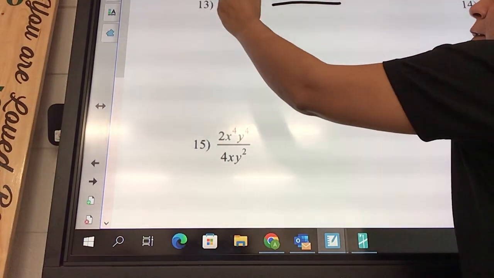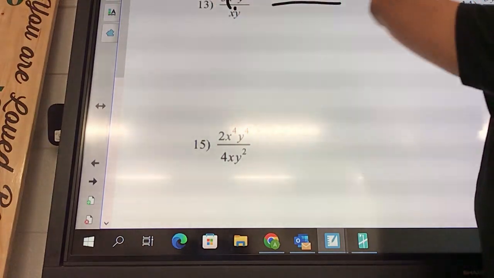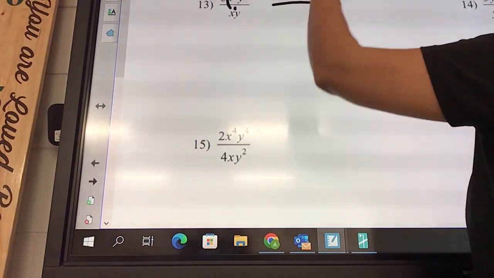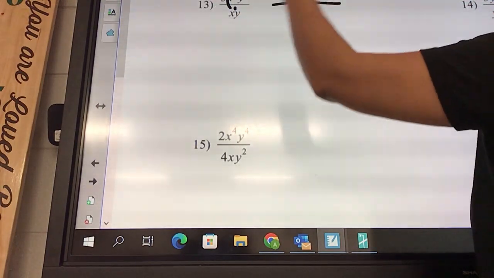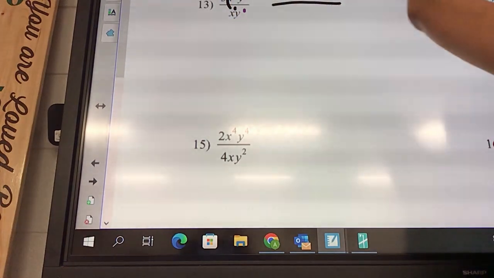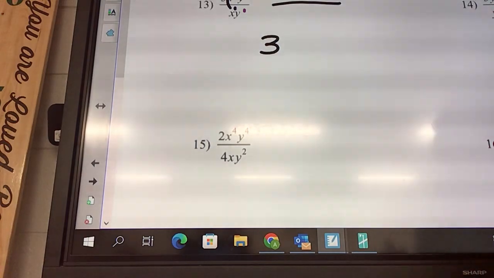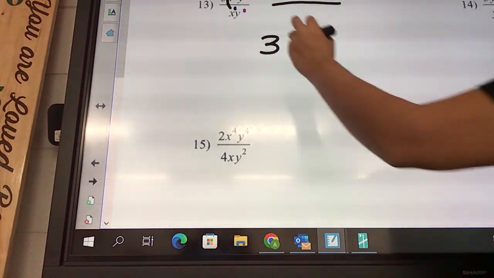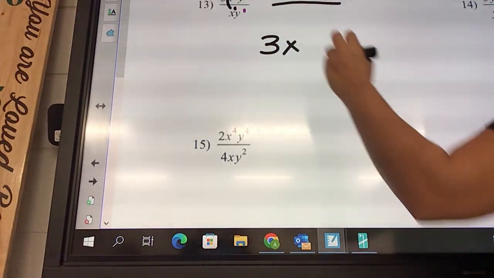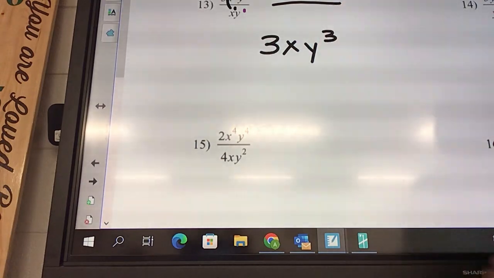That's right here. 2 minus 1. And then we got y to the 4 minus 1. So you're going to get 3. What is 2 minus 1? 1. Y to the 4 minus 1? 3.